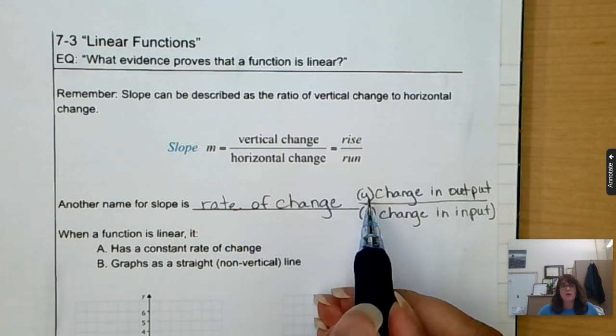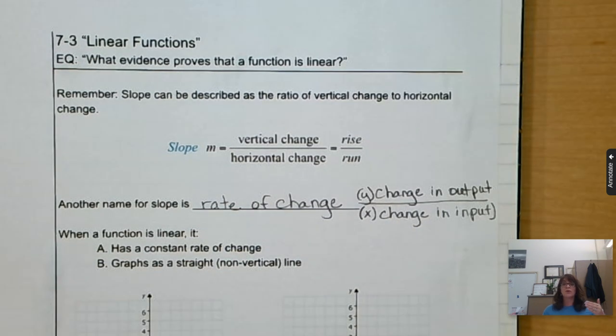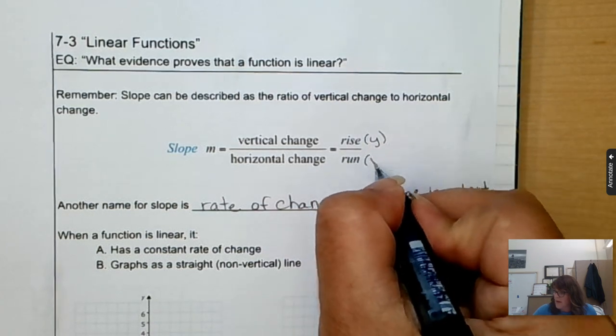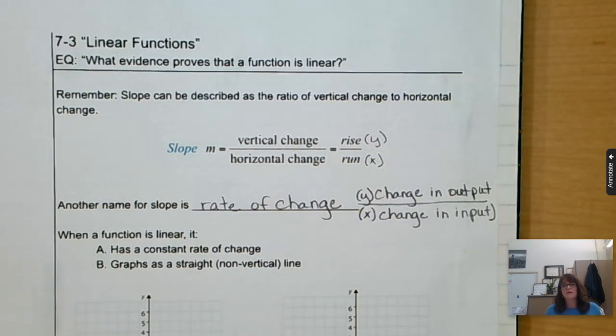Notice how that goes along with rise over run. Y-axis, x-axis. So more names, more in depth in the same concepts that we've already learned, okay?